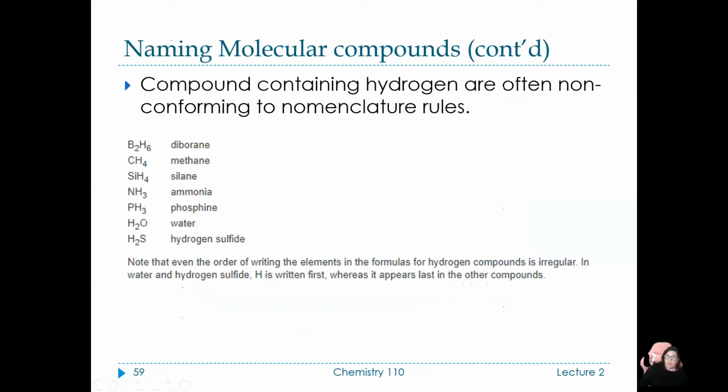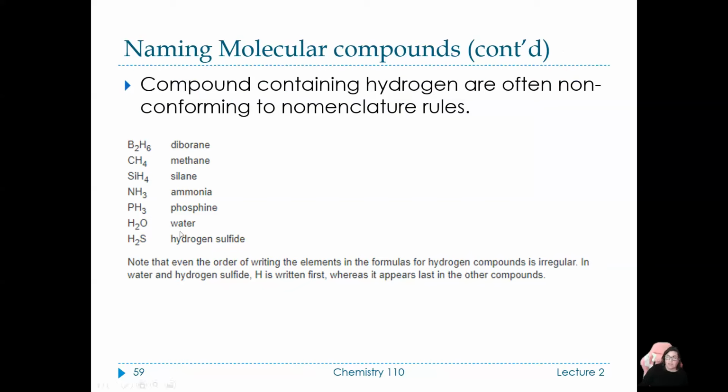Naming molecular compounds again. Compounds containing hydrogen are often non-conforming to nomenclature rules. B2H6 is diborane. CH4 is methane. SiH4 is silane. NH3 is ammonia. PH3 is phosphine. H2O is water. And H2S is hydrogen sulfide.